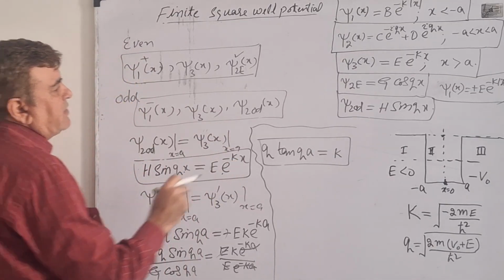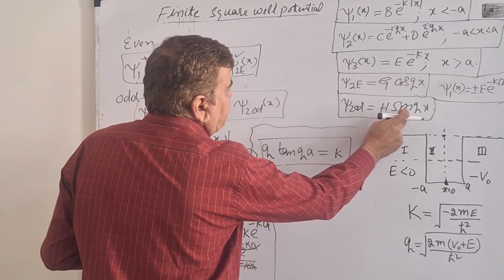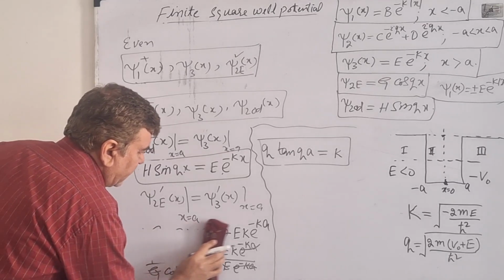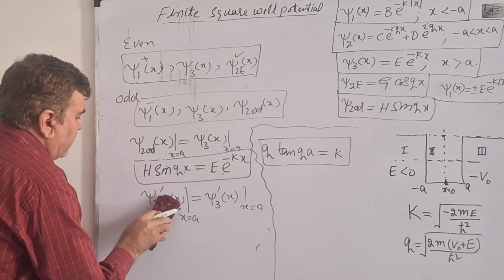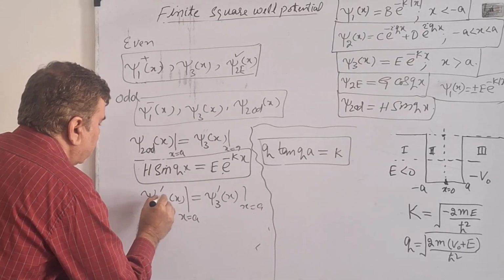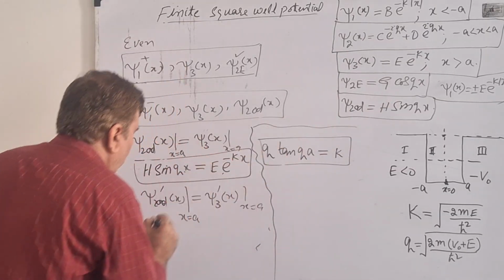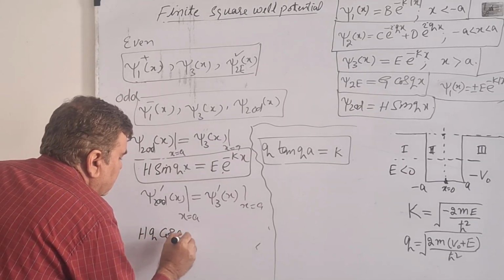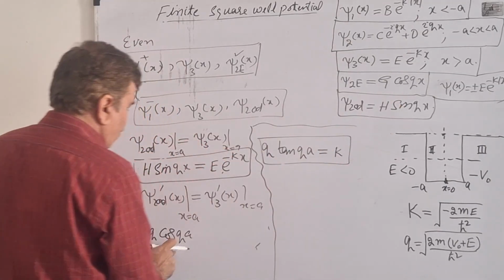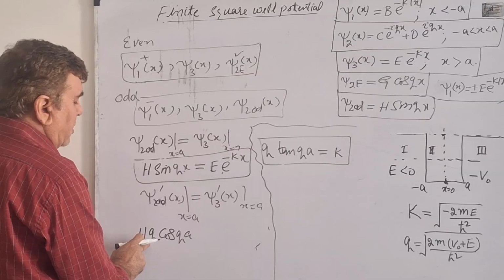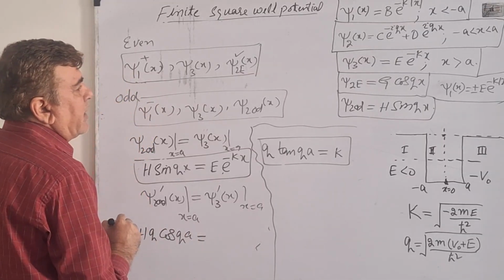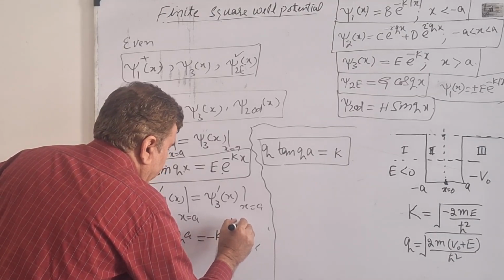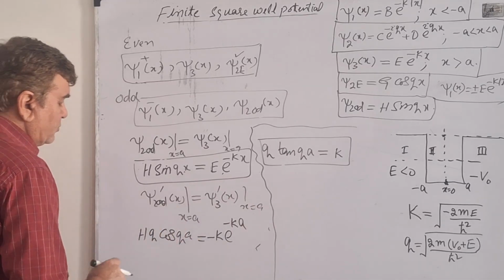And similarly from the derivative, the derivative of sine is cos. So I would like to rewrite this whole thing for odd. The derivative of the odd function gives me H q cos qa, because the derivative of sine is cos, and then it extracts q from the argument. And on this side, I would again have minus k e exponent minus ka, because I'll replace these values.